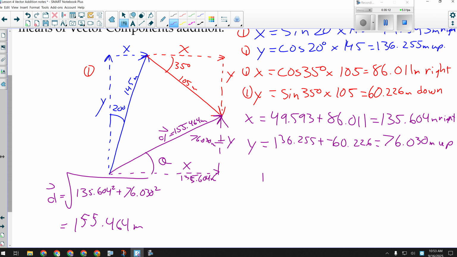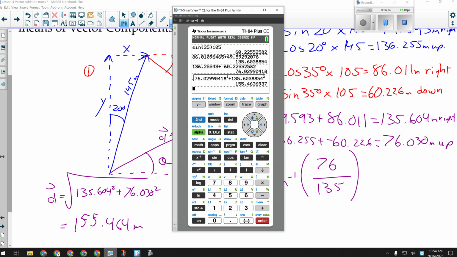Again, I'm a nerd, so I have a theta. The tan to the minus 1 for me of my opposite side, 76, divided by my adjacent side, 135. Again, I'm only writing it that way. I'm keeping all the decimals in my calculator. I'm calculating theta with that, second tan of the 76 divided by the 135.